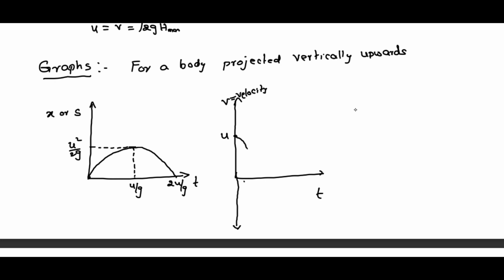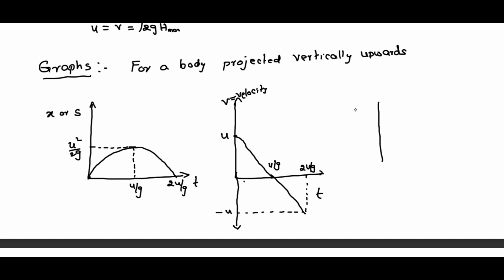Its velocity goes on decreasing and becomes 0, where it is becoming 0 at the time of u by g, and again increasing in reverse direction, it is minus u, and here time will be 2u by g.